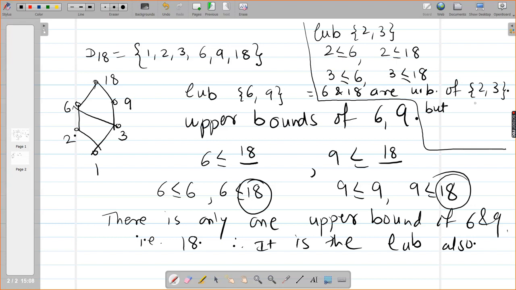But 6 is less equal 18 as 6 divides 18. Therefore, what is 6? 6 is the least upper bound. Do you understand it? Six is the least upper bound of 2 and 3.